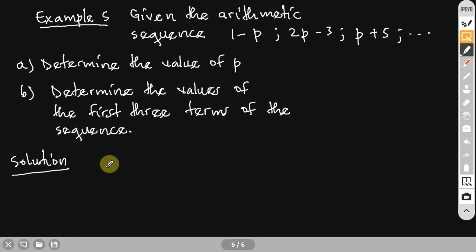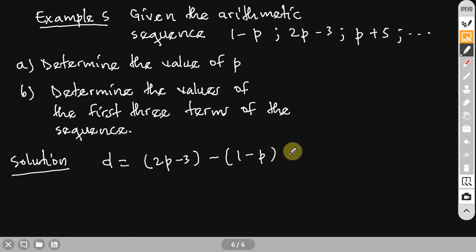So if I was to write it, D, which is the common difference, will be equal to T2, that is 2p minus 3. I'm putting everything in the bracket. So this is T2 minus T1. This is T1. I'm putting everything in the bracket. It will be 1 minus p.